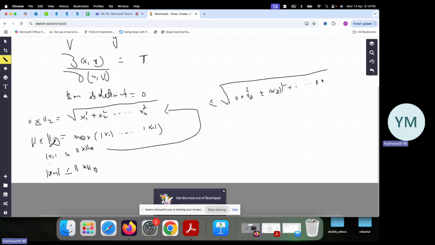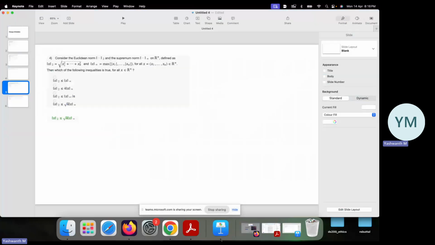So n times we repeat this. So it is less than or equal to square root of n times the infinity norm. So the last option is the right one.